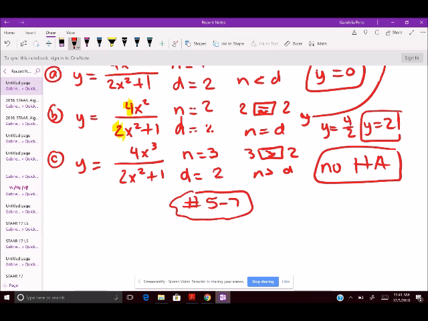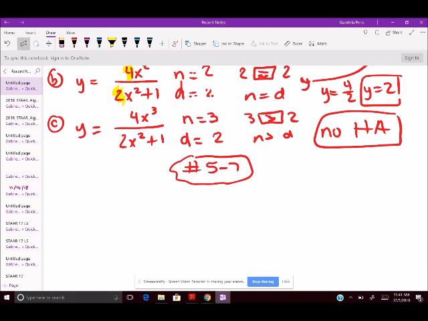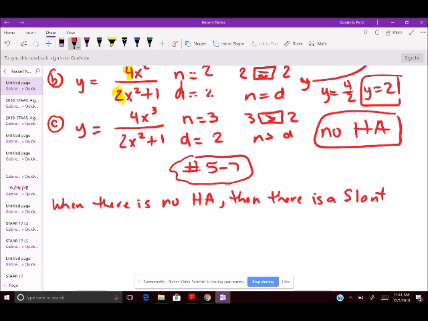Now, what happens when there is no horizontal asymptote? When there is no horizontal asymptote, then there is a slant asymptote.